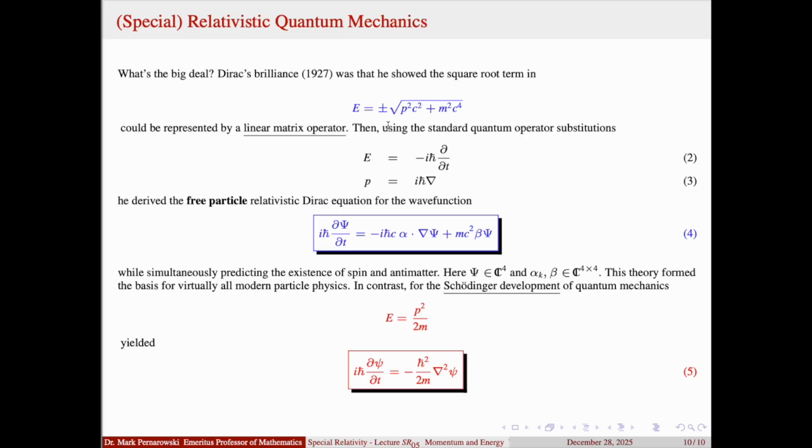And after a long discussion, after he solved that, he derived an equation here in blue saying that if this is the energy dispersion relation, and these are the operators that define energy and momenta in quantum mechanics, then I don't get Schrodinger's equation. I get Dirac's equation for the wave function. And the wave functions are actually spinors.